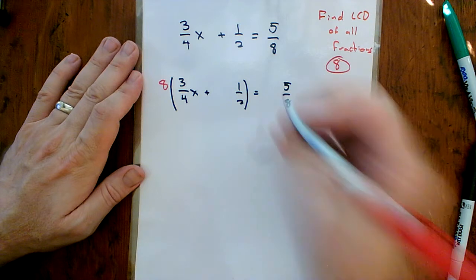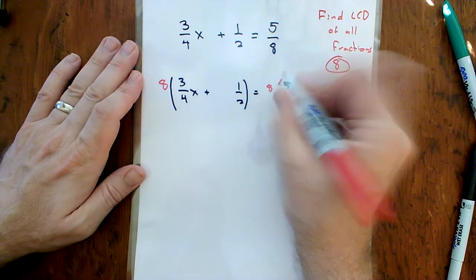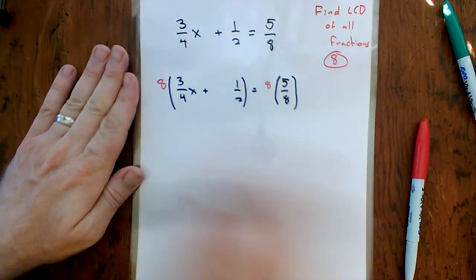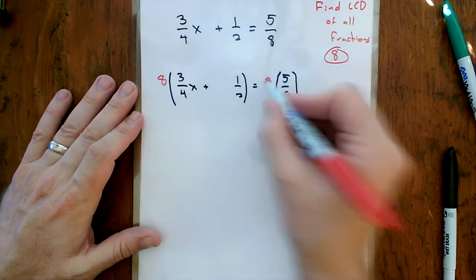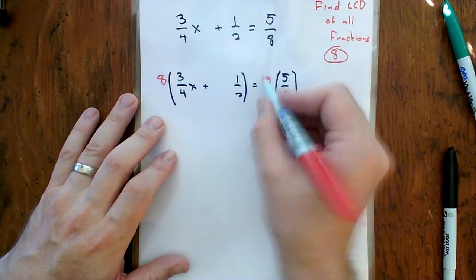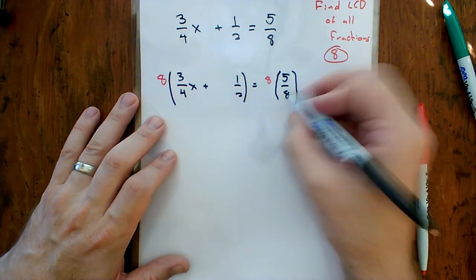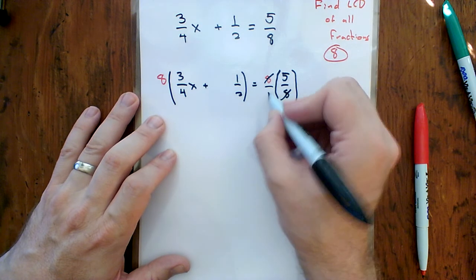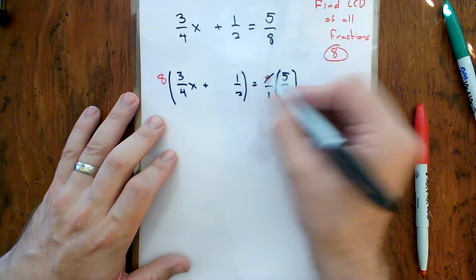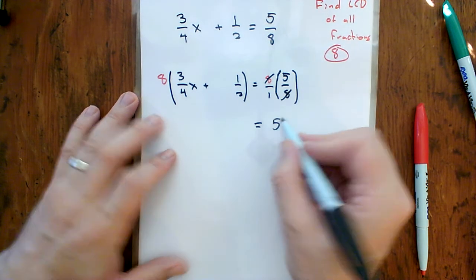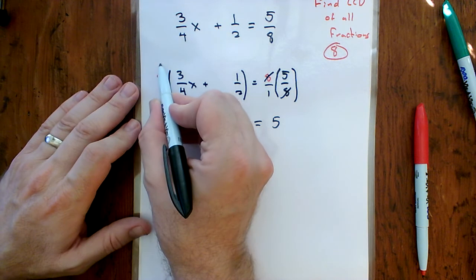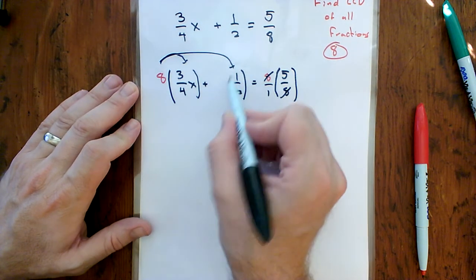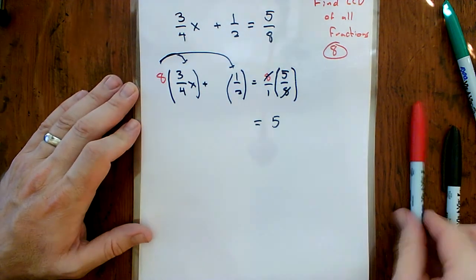So when I multiply both sides of this equation by 8, over here on the right, it's really obvious. 8 goes into 8 one time. Or I could think about this as 8/1 if you want. And I'll be left with a 5 here. But on this side, I need to distribute this. So that's going to be times 8, and that 1/2 is also times 8.